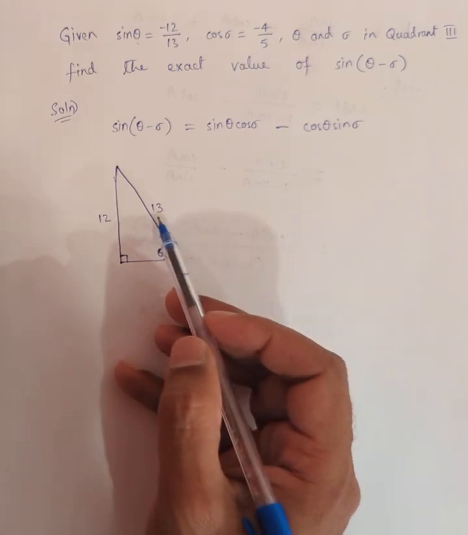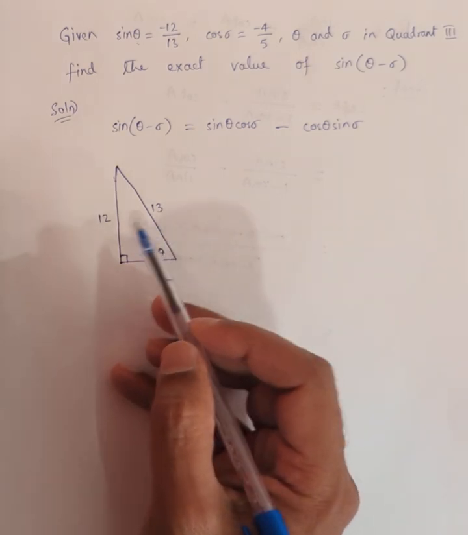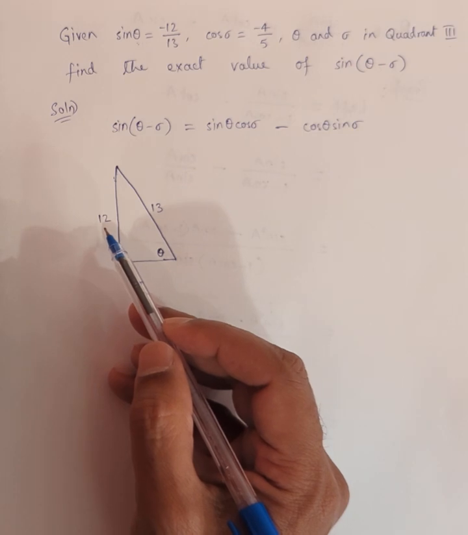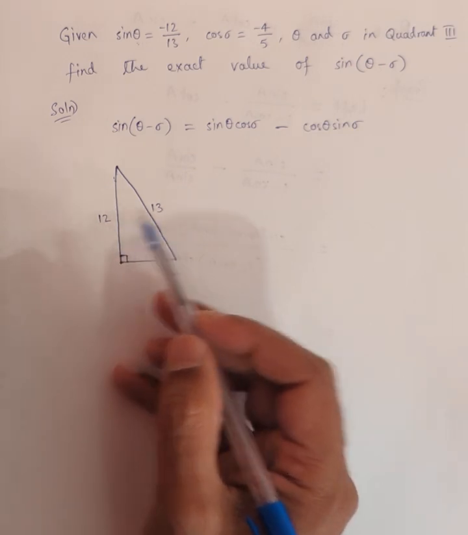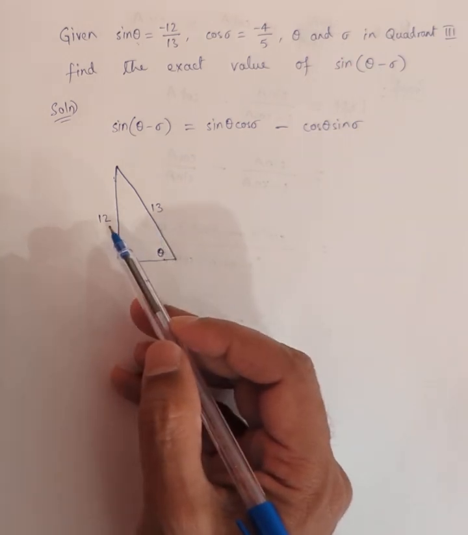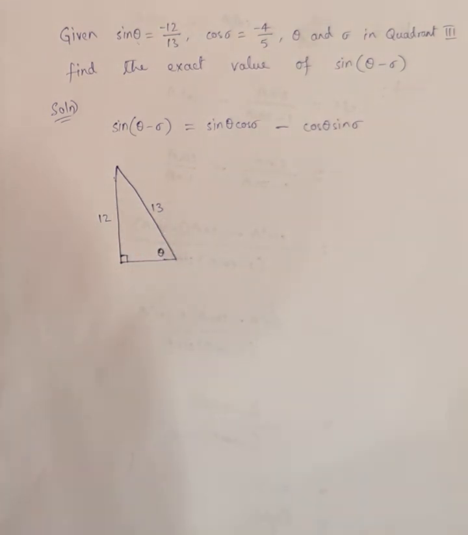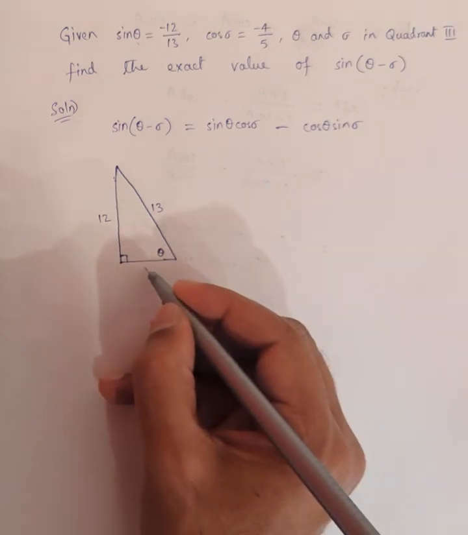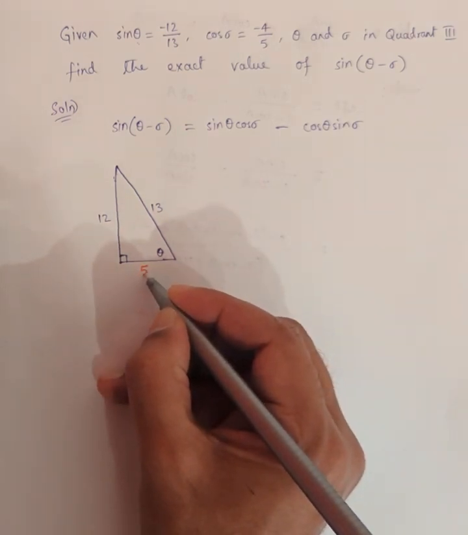So you square 13, you get 169, square 12, you get 144. You subtract 13 squared minus 12 squared, you get 25. So this leg will be the square root of 25, which happens to be 5.